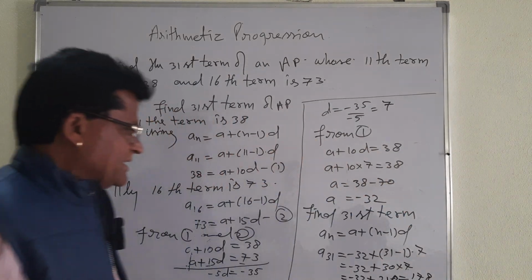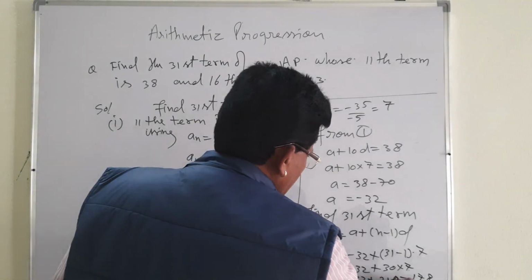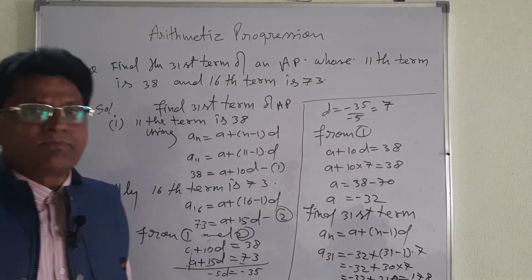Very important question, my dear student. You will have to see its value: the 31st term will be 178, which is very important.